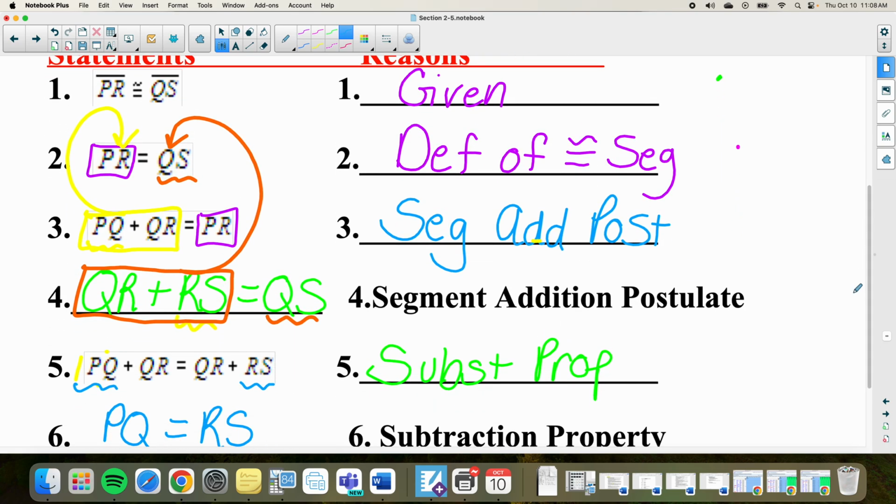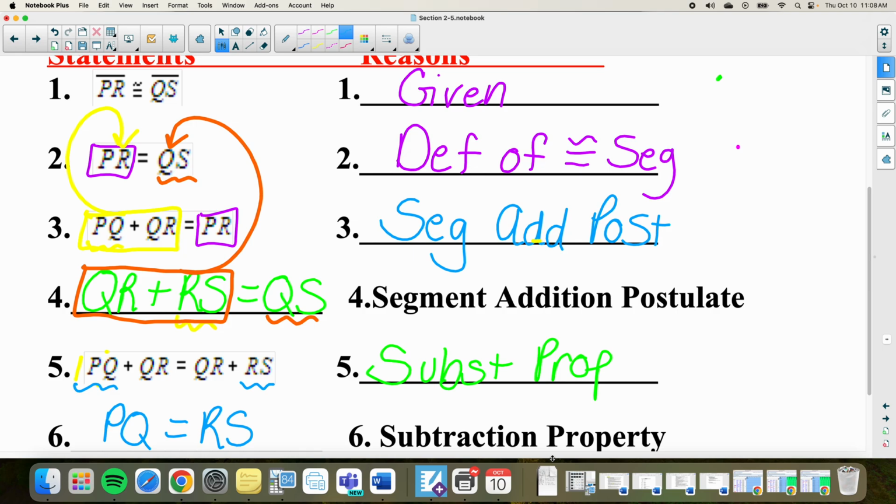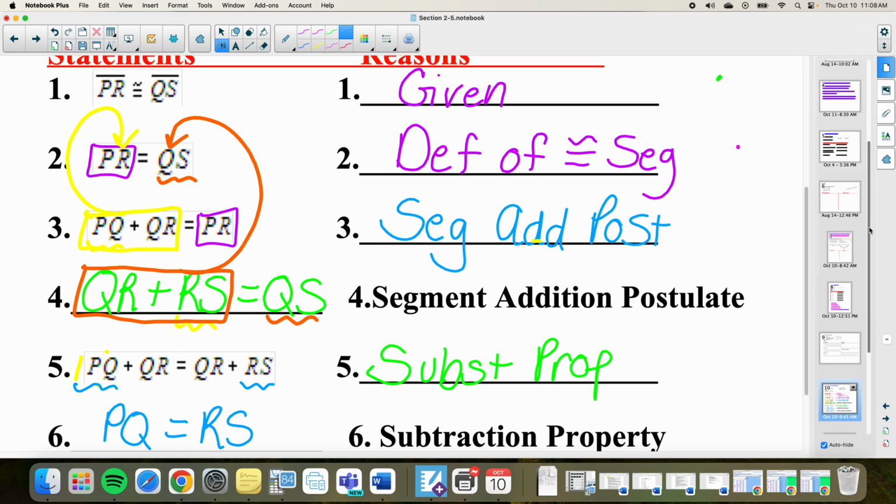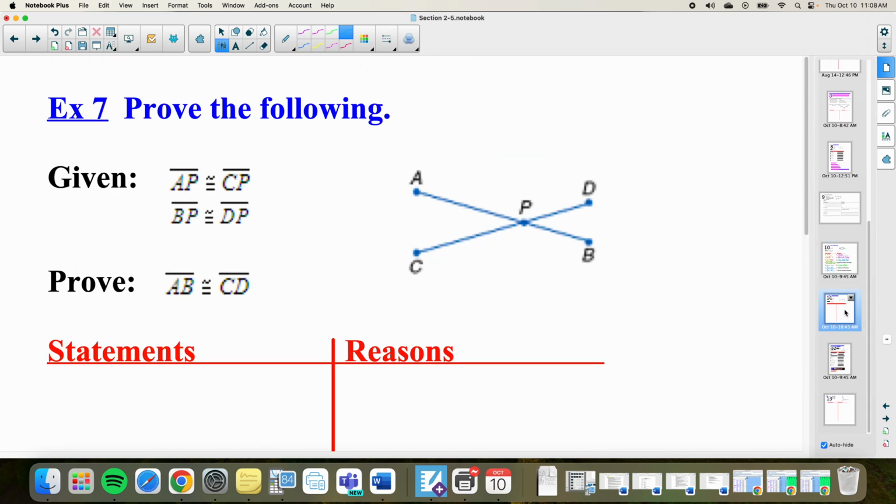Then they split the segments into parts, and then they substituted. And then at the end, sometimes you have to subtract or substitute again. But that is going to be a very common thing to do in these proofs, okay? You don't subtract in every one, but you certainly do the substitution, okay?